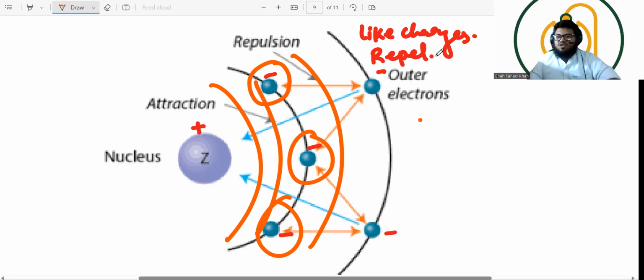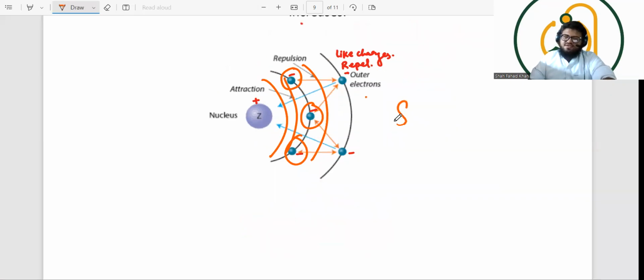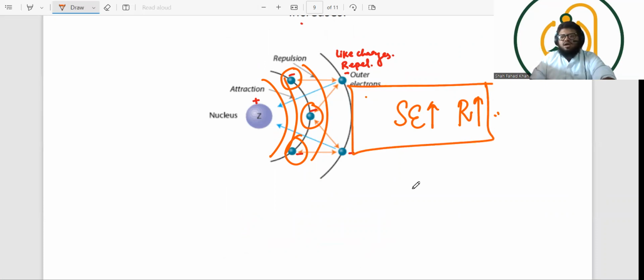Hence, it would stay away from the nucleus, and the total radius from the nucleus to the outer electron would be greater. So, in short, the greater the shielding effect, the greater would be the atomic radius.